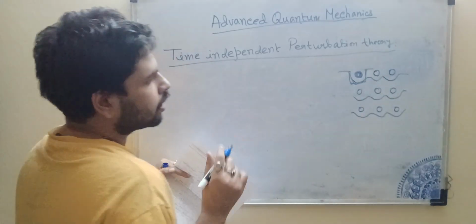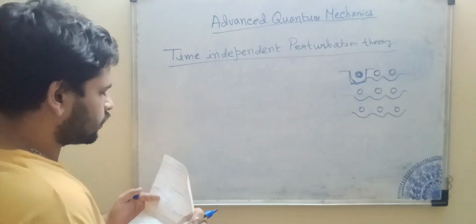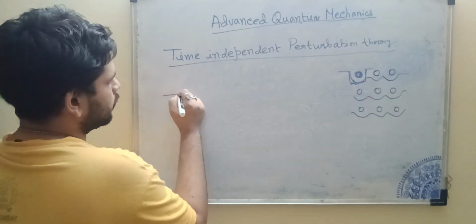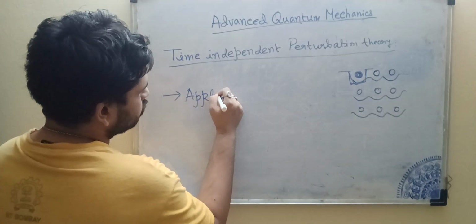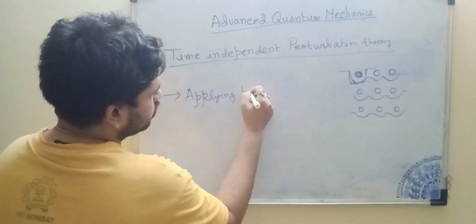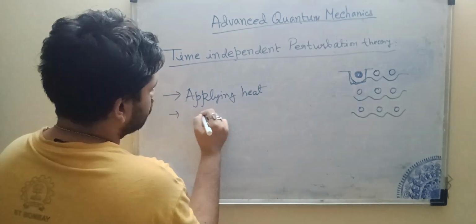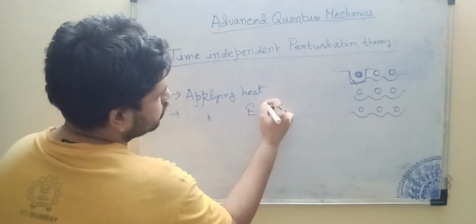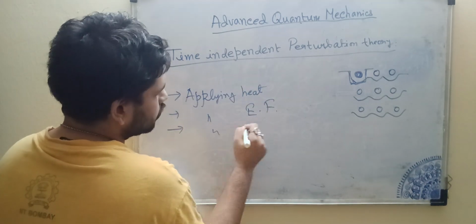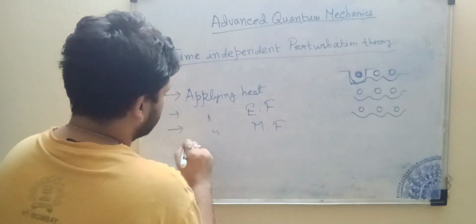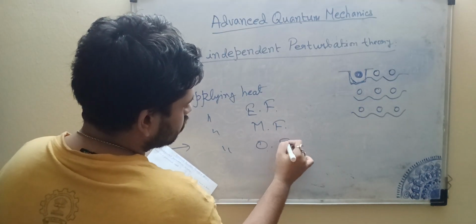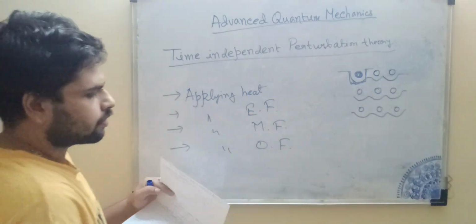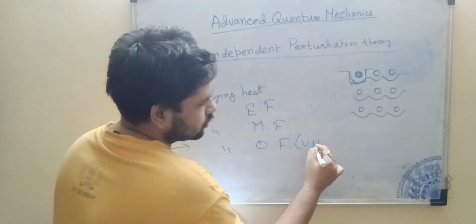The four ways are applying heat, applying an electric field, applying a magnetic field, and an optical field, applying some very high frequency rays.